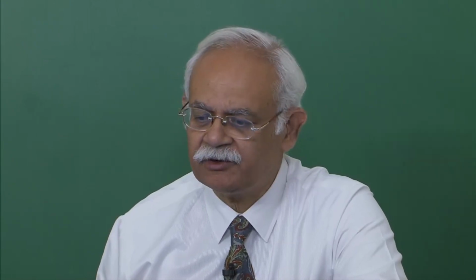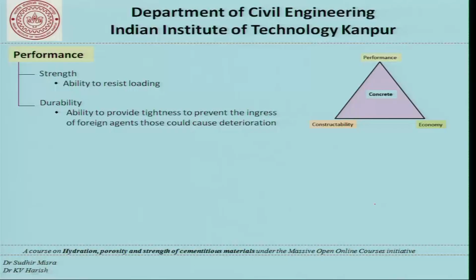Now, from that point of view, if we examine performance, performance can be viewed in terms of strength and let's say durability. Strength is the ability to resist load, and in the case of concrete, most of the time when we talk of strength, we are talking of compressive strength.